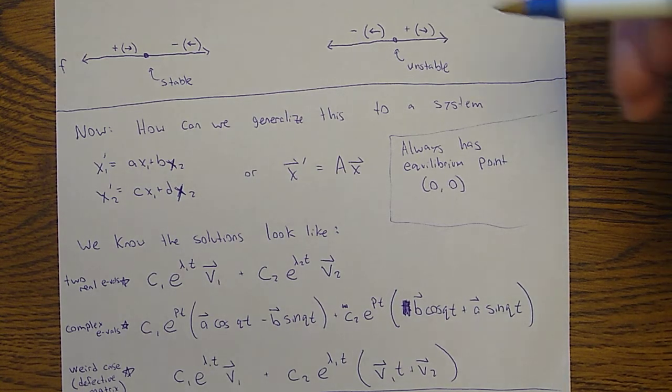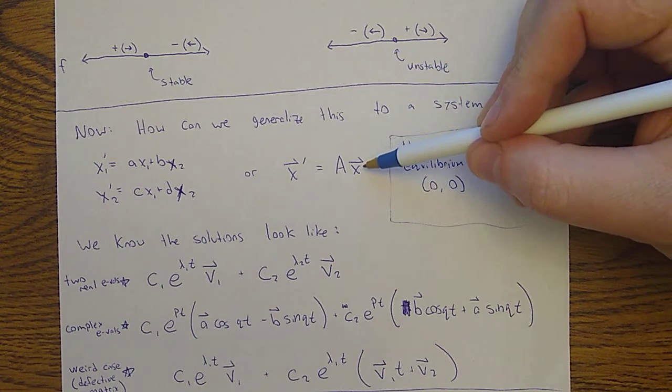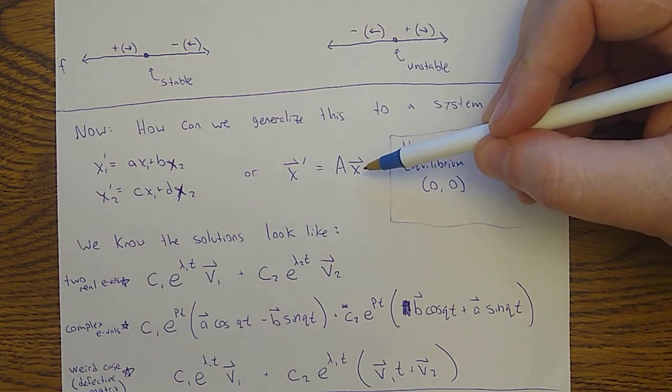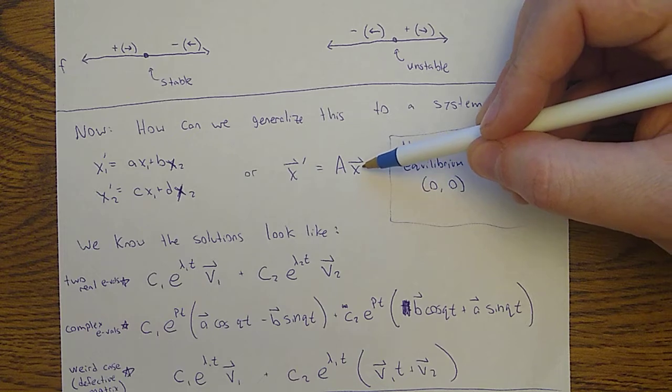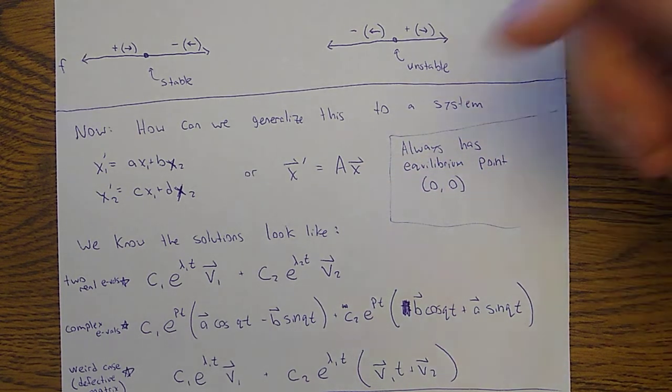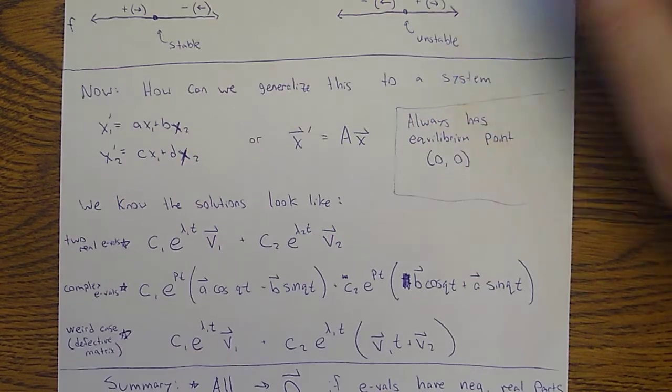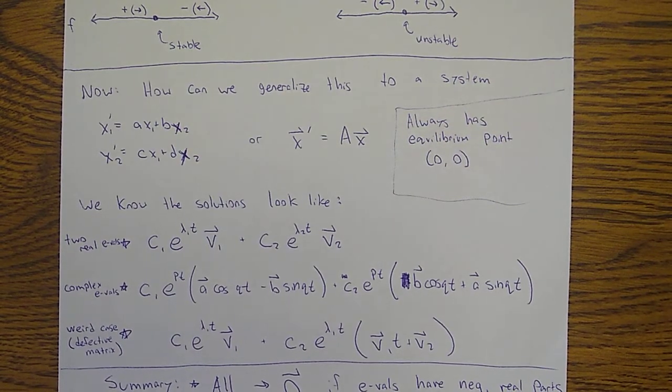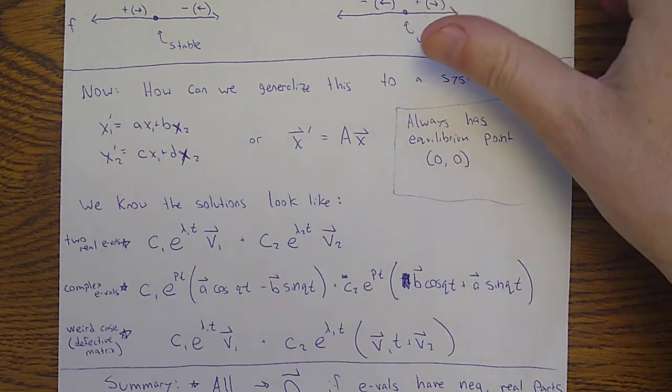And this is convenient because we know what form the solution to this type of system would take. This is the type of system that you solve the way we've been doing it, where you find the eigenvalues and eigenvectors and you do what you do.